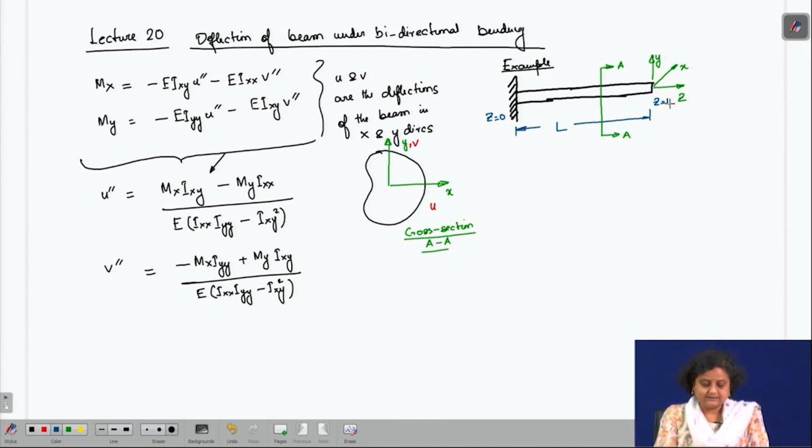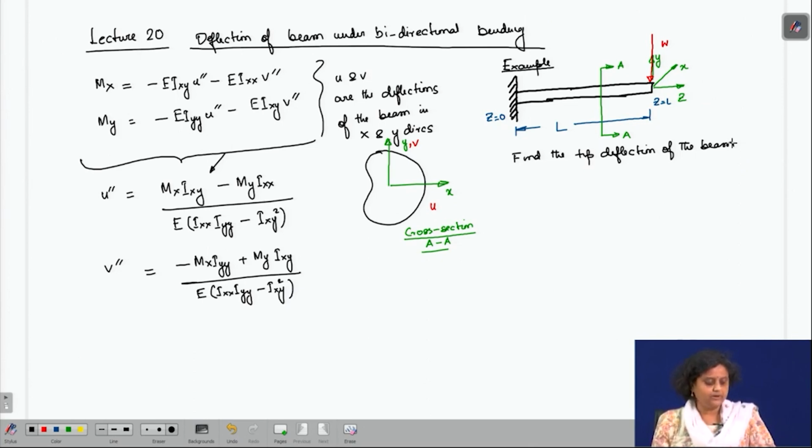Now, let us consider that a tip load W is being applied to the cantilever beam. So, I apply a tip concentrated load W on the cantilever beam, and the question is to find the tip deflection of the beam.